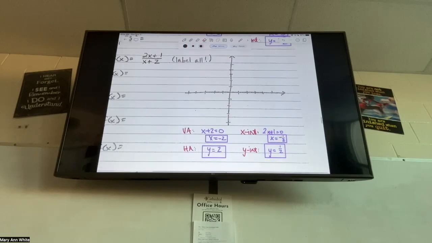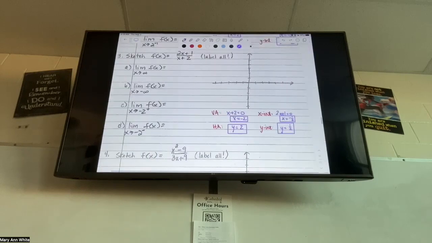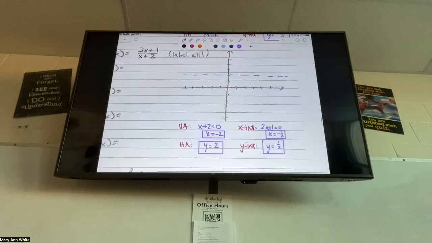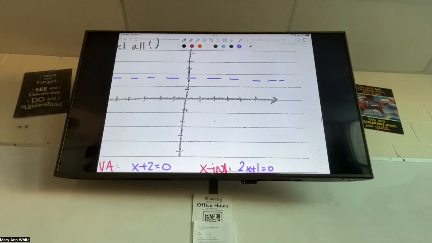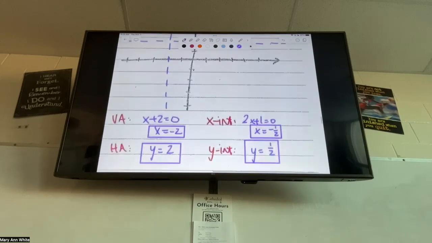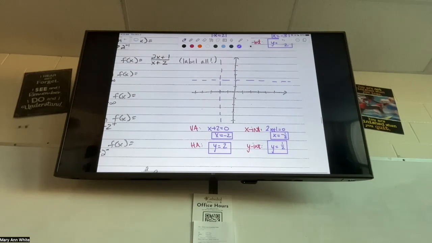For the y-intercept, you plug 0 in for all the x's, so 2 times 0 cancels. H is positive, and my VA is negative. No, I think H is positive too.